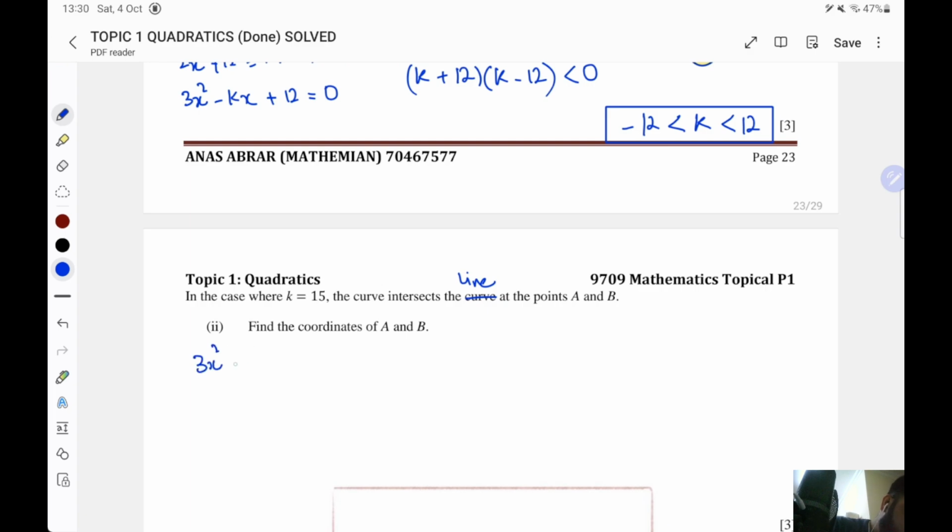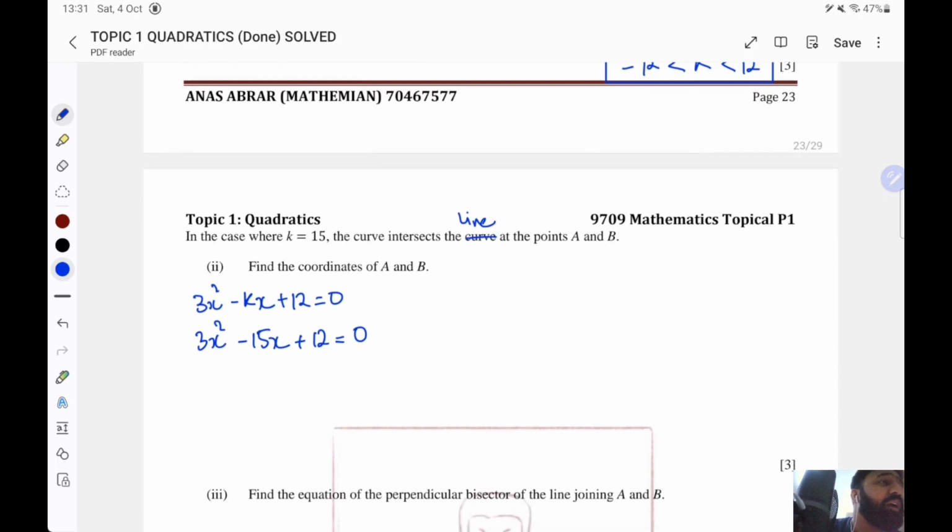That was 3x squared minus kx plus 12, which is 0. So 3x squared minus 15x plus 12 equals 0. We substituted the value of k that was given in this case.